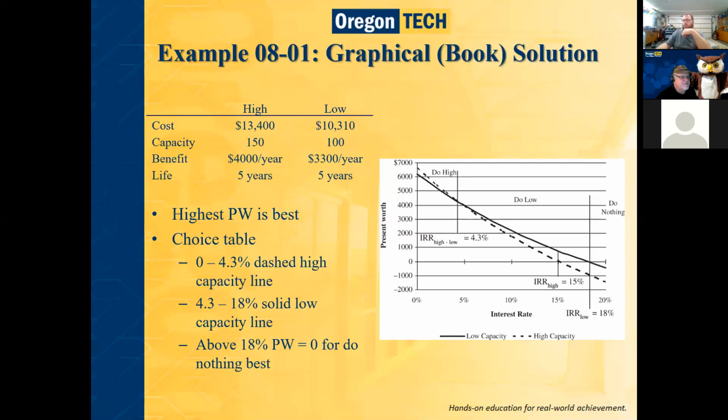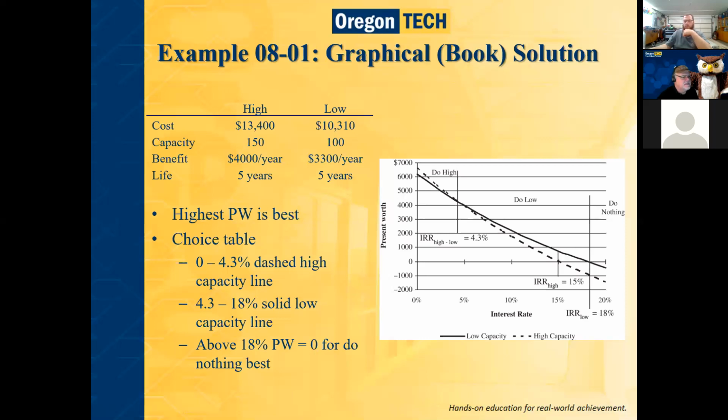They're trying to say at different interest rates, and they graph them along the bottom here, we generate a different set of present worth or net present value. So you have your interest rate, and this is essentially creating a net present value table.